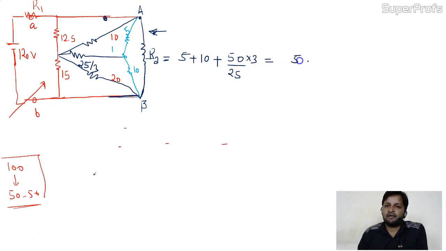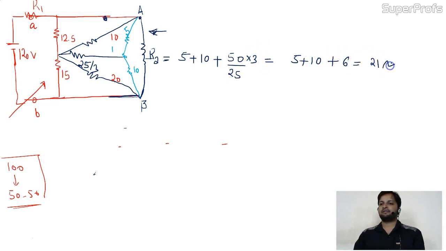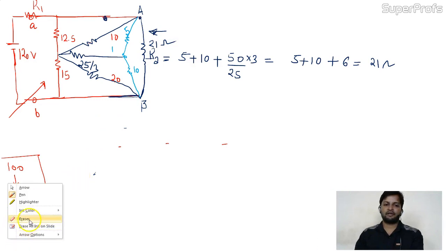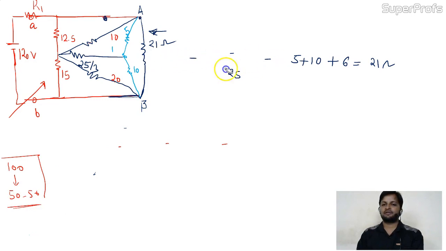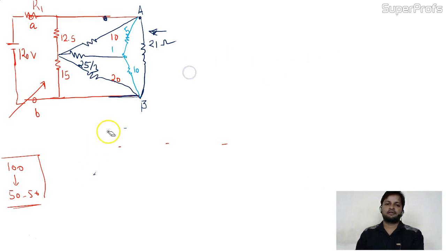So you will be having 5 plus 10 plus 50 by 25, which is 6, so 6 plus 15 gives 21 ohm. You can write over here 21 ohm. Is it okay? Okay, then remove this. Fine.